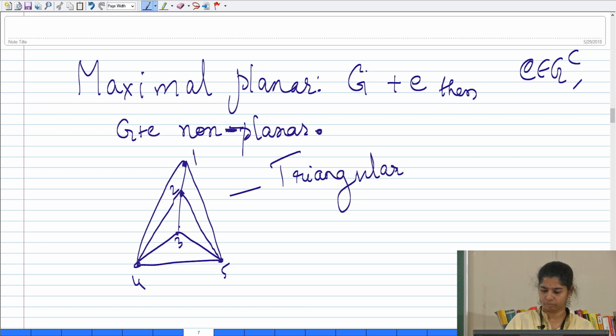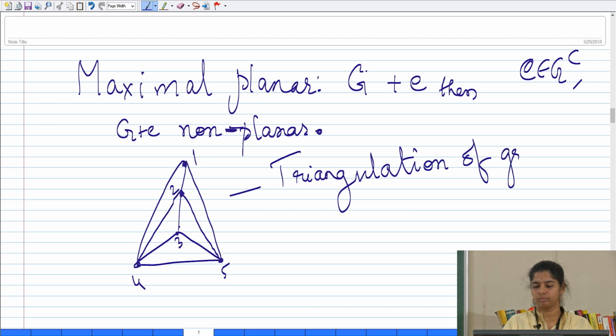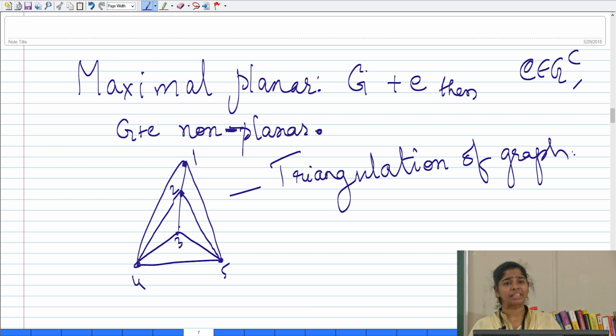So, any maximal planar graph is nothing but a triangulated graph, and whichever graph we are talking about would be a subgraph of a maximal planar graph.